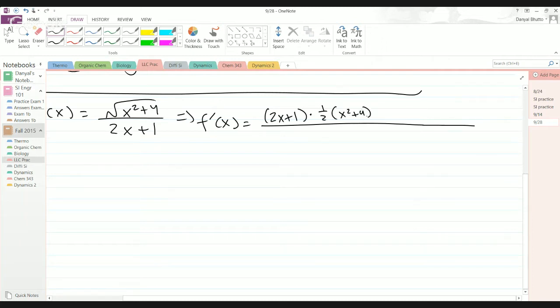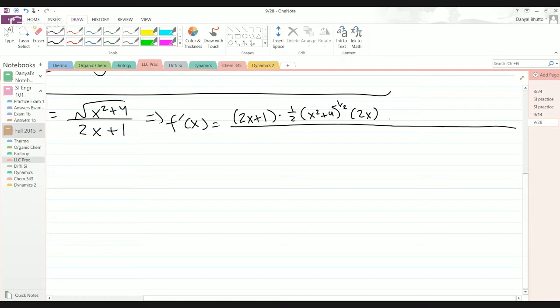What power is that? Negative 1/2 times 2x. Now we minus, and we do the opposite of that, which is x squared plus 4 times 2.